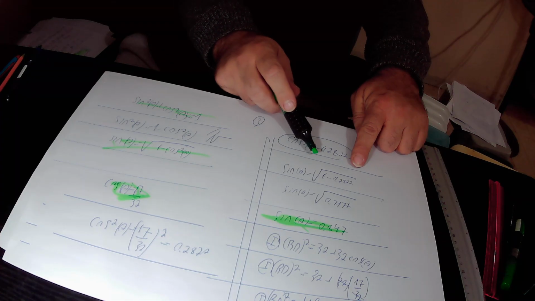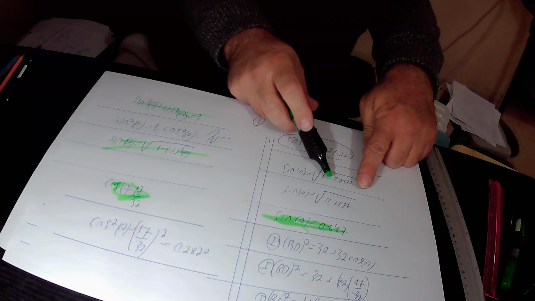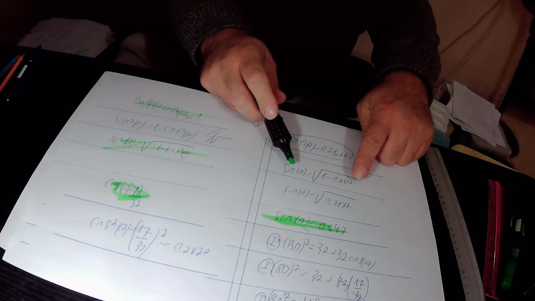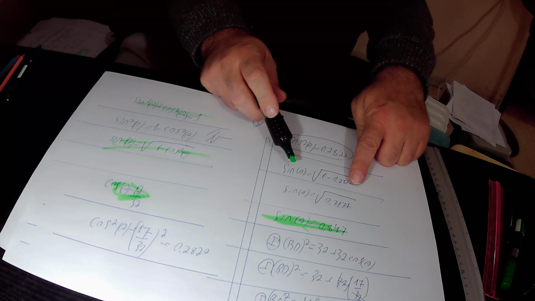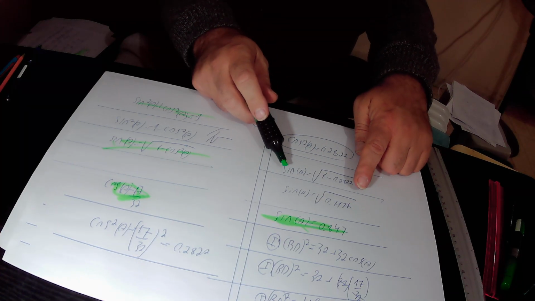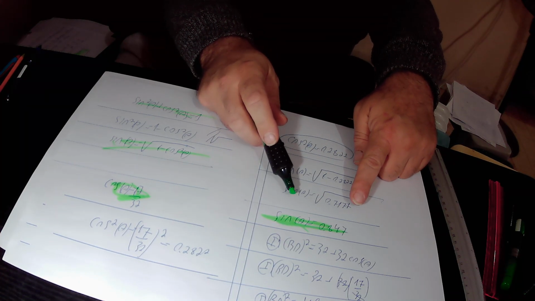So sine theta equals the square root of 0.7177. The square root of 0.7177 is 0.847. So in total we found that sine theta equals 0.847.